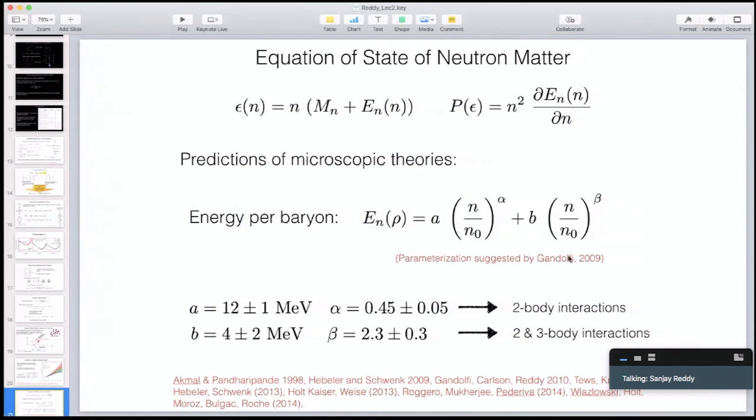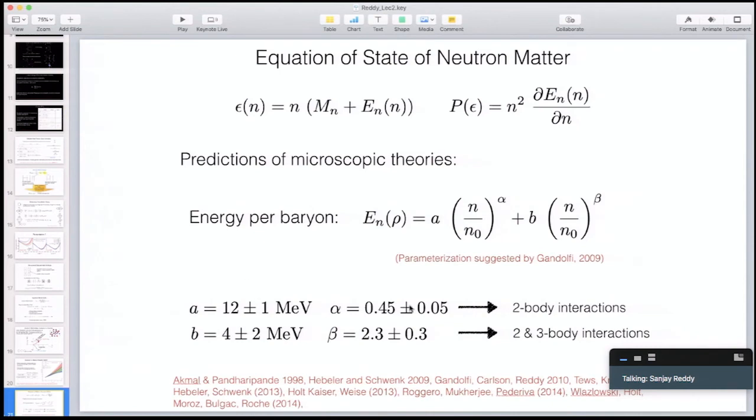All of these calculations of the equation of state of neutron matter can be parameterized in this incredibly simple formula with only 4 coefficients. n is the density of matter, n0 is 0.16 fm^-3, the saturation density of nuclear matter. A, alpha, B, beta are fit to the microscopic calculations.